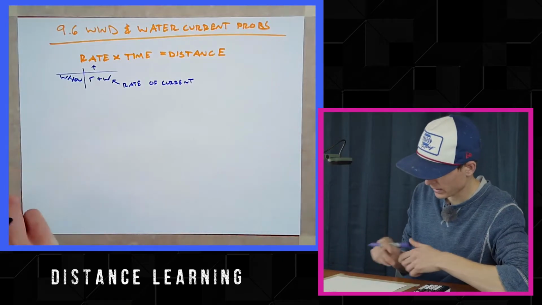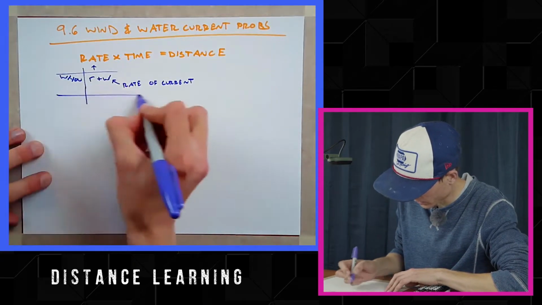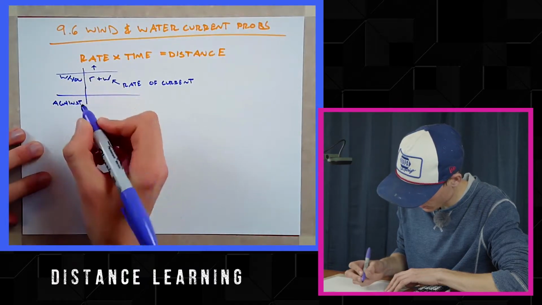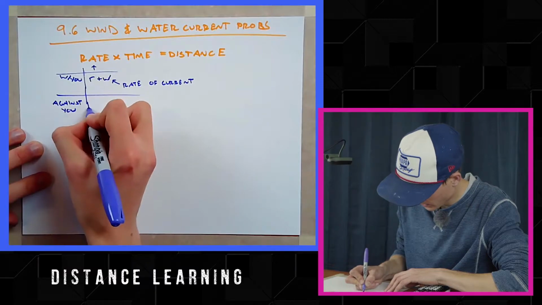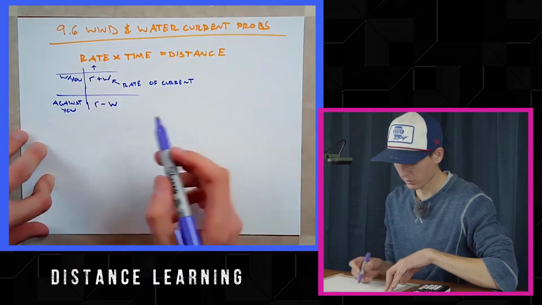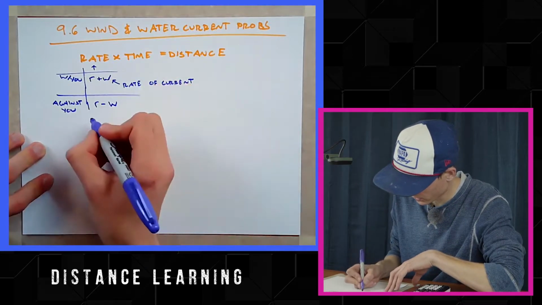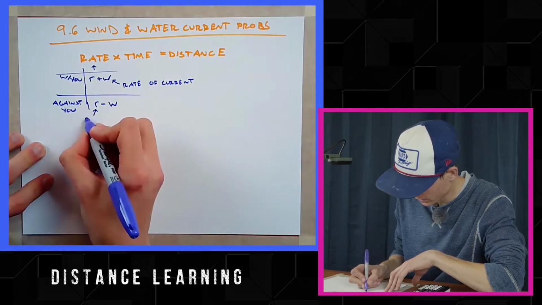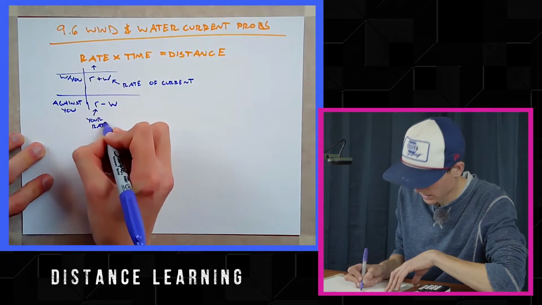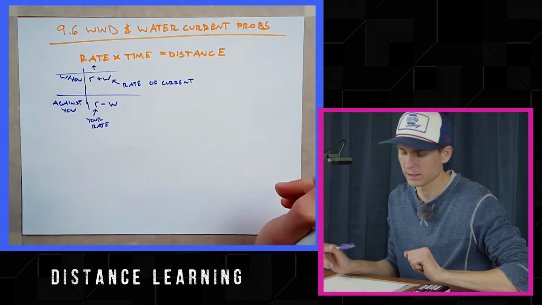They're treated the same way. And if the current or the wind is against you, you're going to write R minus W, or whatever variables you want for the current, where R is your normal rate if there is no wind or no current.